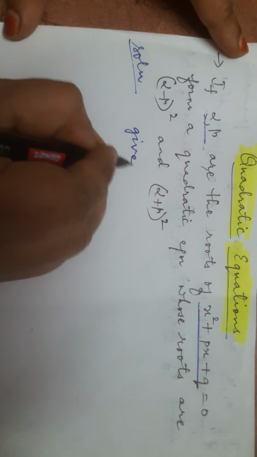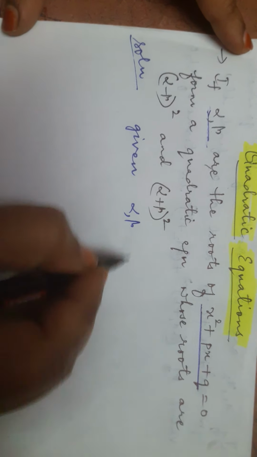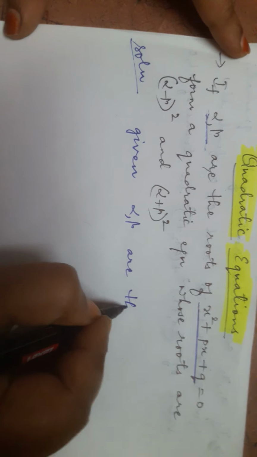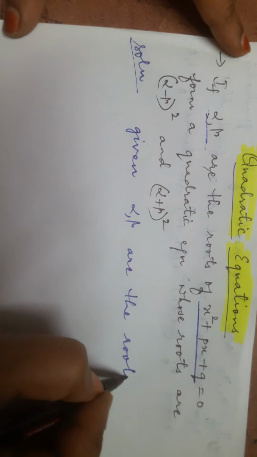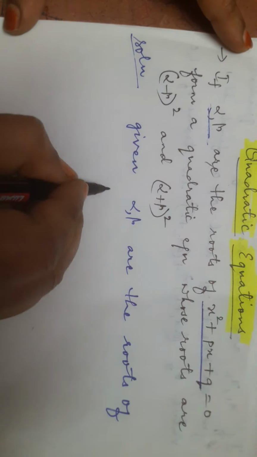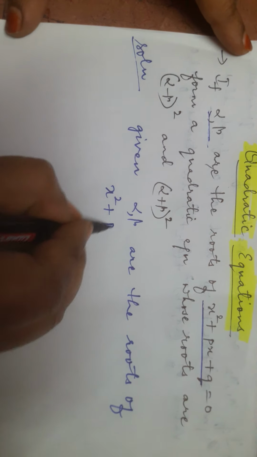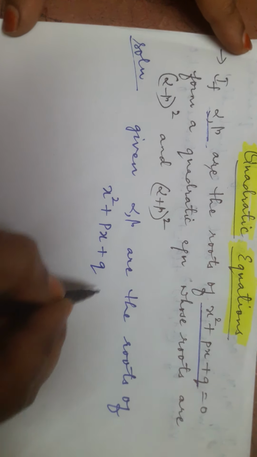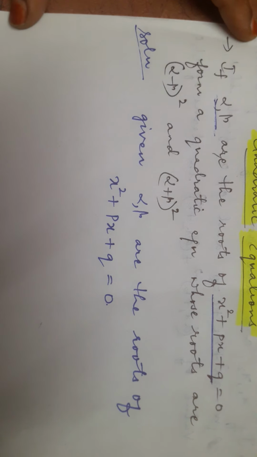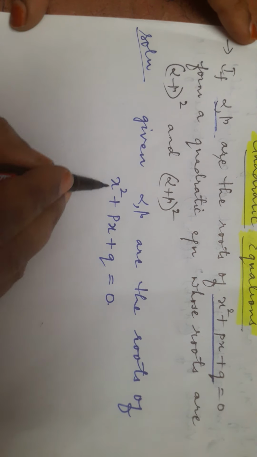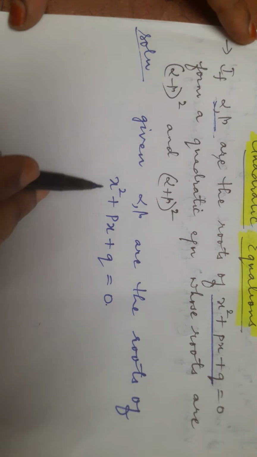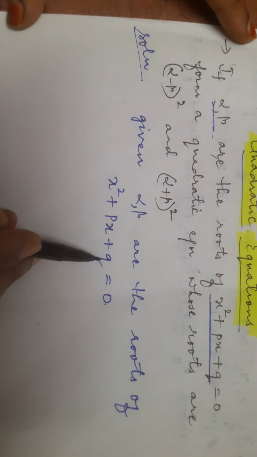Given alpha, beta are the roots of x square plus px plus q equal to 0. This is a quadratic equation in x, and alpha, beta are the roots of this equation.